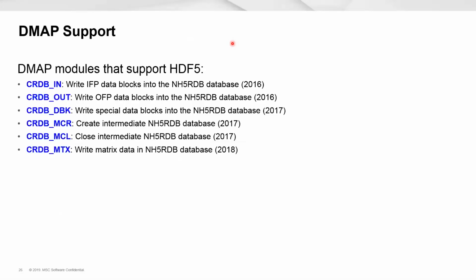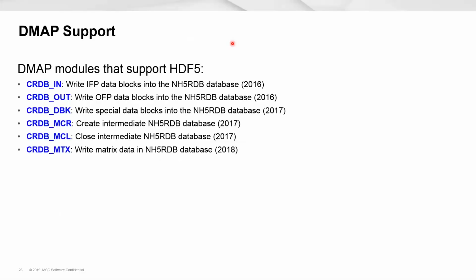I mentioned DMAP support. Most customers are probably not going to be interested in the first six of these. The last one's the one that I mentioned earlier. There's the ability now in 2018 to output matrices to the HDF5 file.